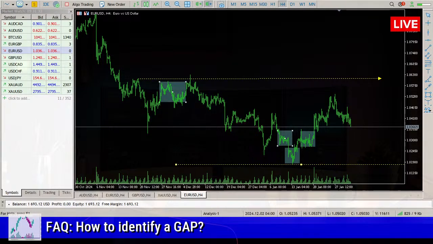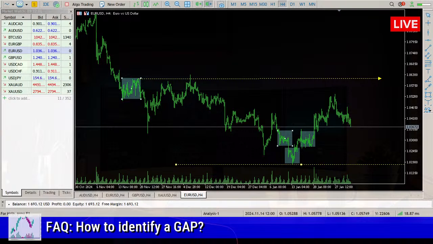We need to look for patterns. One of them is market range: how the price moves within a range. For Euro USD, the 4-hour chart, price usually consolidates within this range.